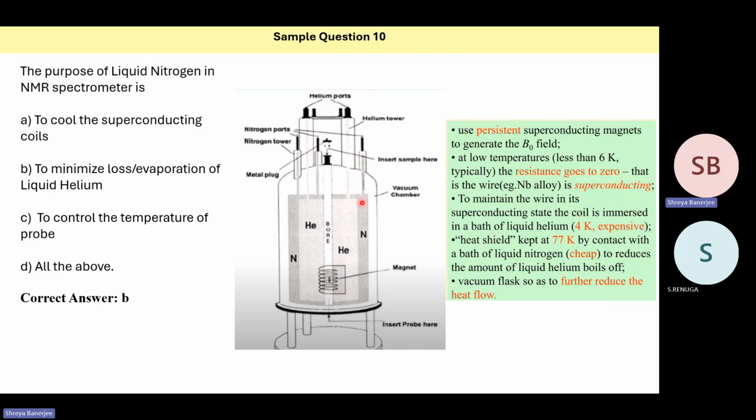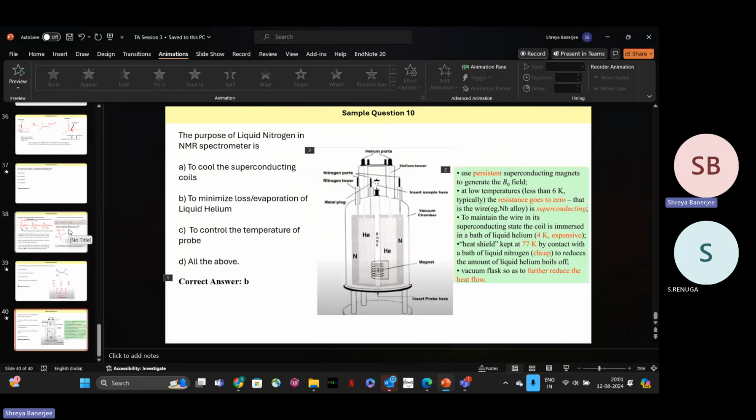So in order to minimize the evaporation of liquid helium, there is a shield of liquid nitrogen around the liquid helium, which keeps the temperature at 77 Kelvin. So liquid nitrogen is basically there to minimize the loss or evaporation of the liquid helium. That is option B. And basically that covers the questions I have.